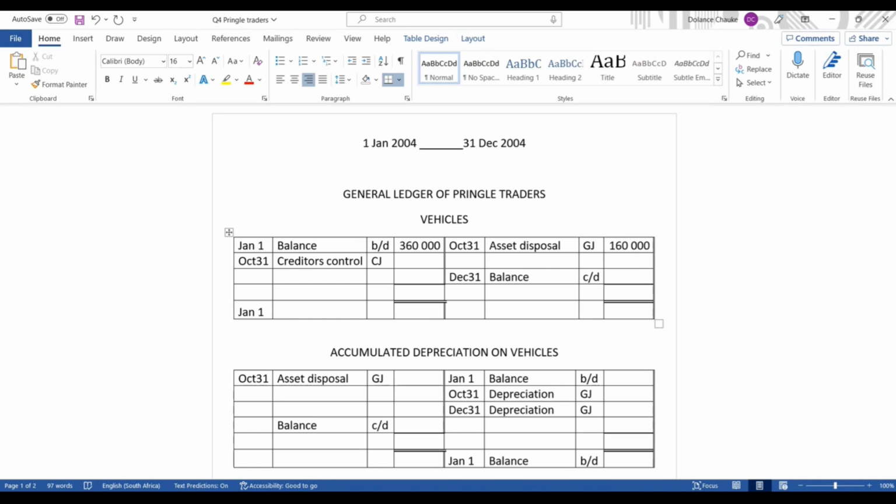So now we process and say, they said they traded in for a new vehicle, right? A new vehicle, it's 222,000. Those who were here last time, we had a cash price that we paid. But this time we don't have a cash price that we paid. So we're going to record that new vehicle, which is an addition of vehicles of 222,000, as a new vehicle that is on creditors' control, because we didn't pay anything.